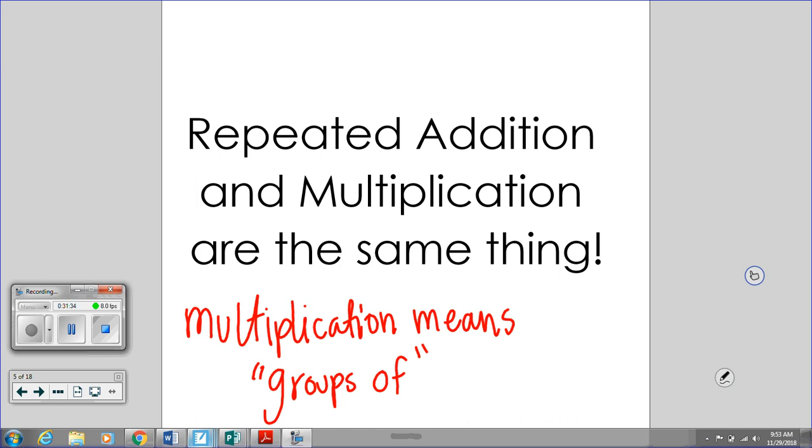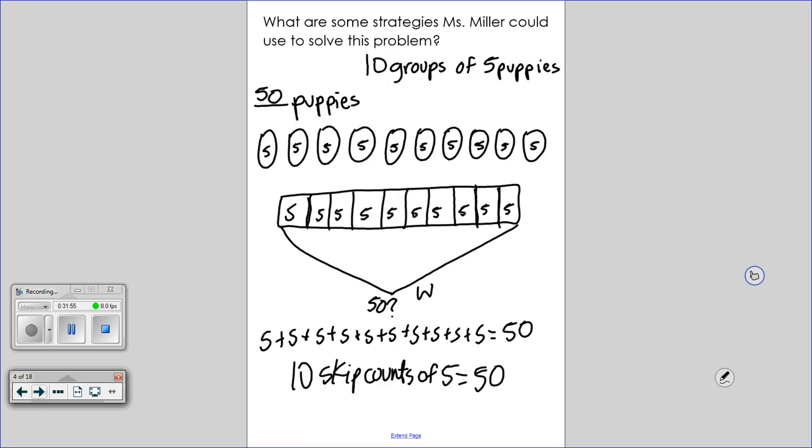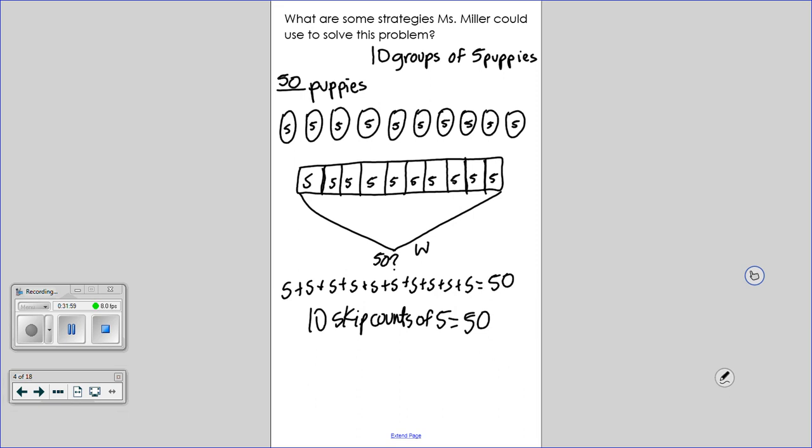So if we go all the way back to our banana problem, we talked about 4 skip counts of 5, 4 groups of 5, 4 times 5. All of those equations will equal the same thing. 4 times 5 equals 20. And if I go to our puppy problem, I had 10 skip counts of 5, aka 10 groups of 5.